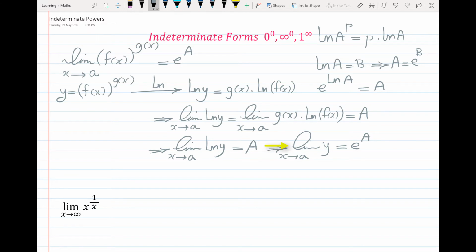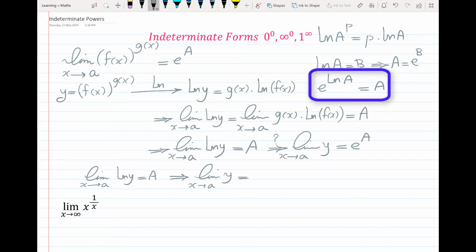If you don't like this conclusion, that from the limit of ln of y equals A we concluded that the limit of y equals e to the A, you can do it in a more mathematical way like this. We have the limit as x approaches a of ln of y equals A, and we want to know the limit of y when x approaches a. Here we use the third property. We know that e to the ln of any expression equals itself.